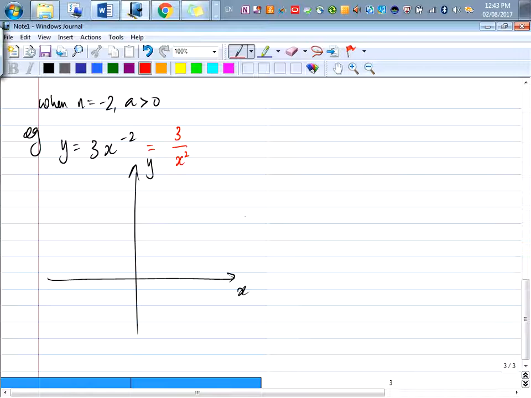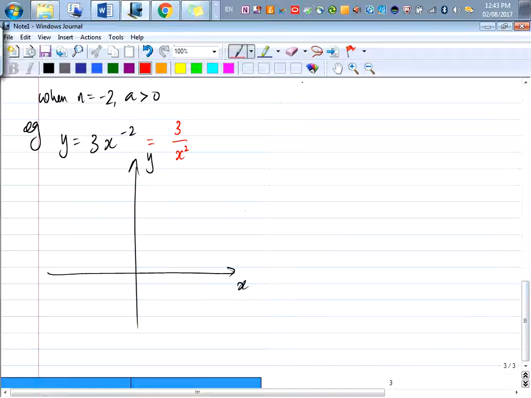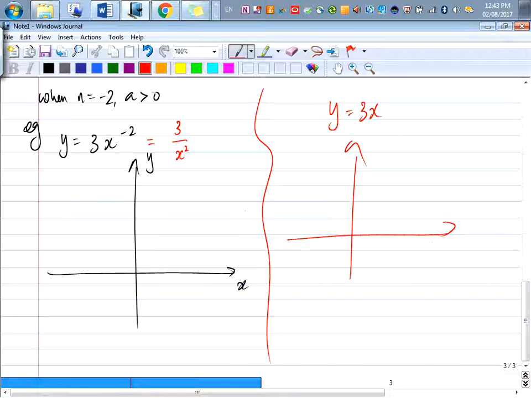Okay, never mind. Let's try with another example first. For example, y equals 3x. Can I choose any value of x that I like, such that I get a corresponding value of y? I can. When x equals 2, y equals 6.